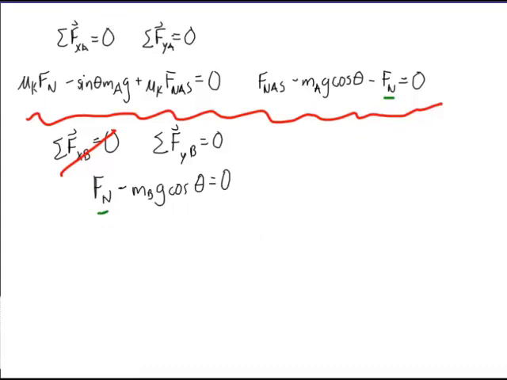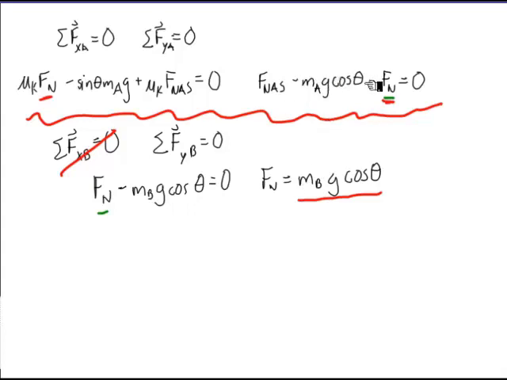So for instance, I'm going to rewrite this and say that Fn equals m_B g cosine theta. Well, that allows me to substitute this relationship, which is in terms of things I know, into right here and right here. Okay? So I'll go ahead and do that.